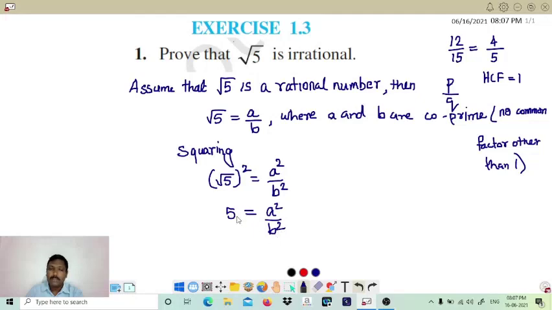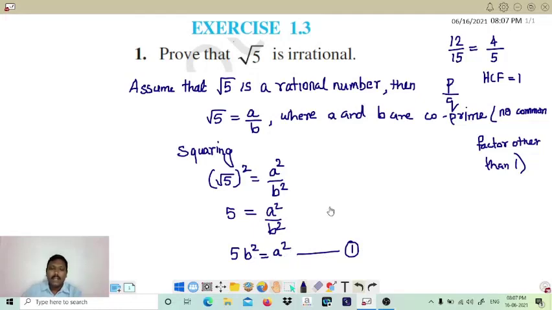Now cross multiplying, you will get 5b squared is equal to a squared. Keep it as equation number 1.